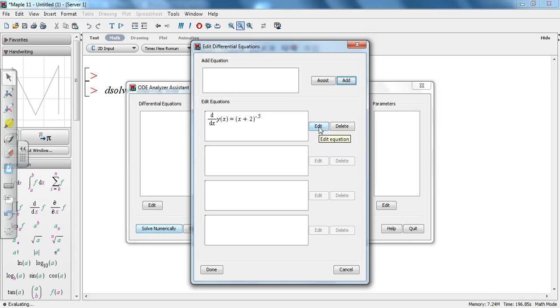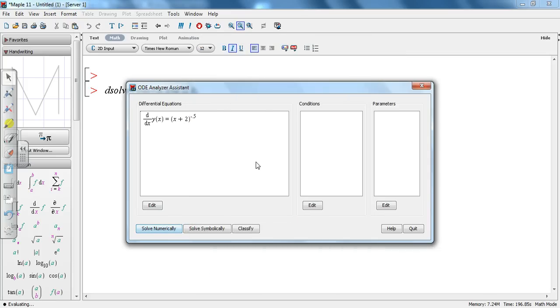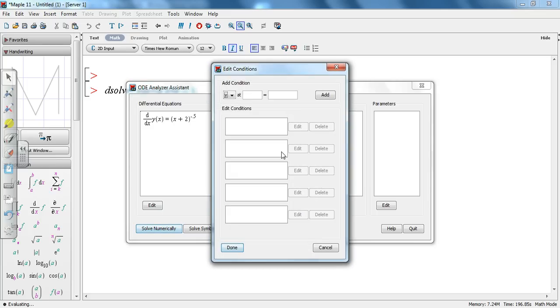Well, we finally got it right. Okay, and then we need an initial condition. y at 2 is, or do we need an initial condition? Yes, we do, -1.